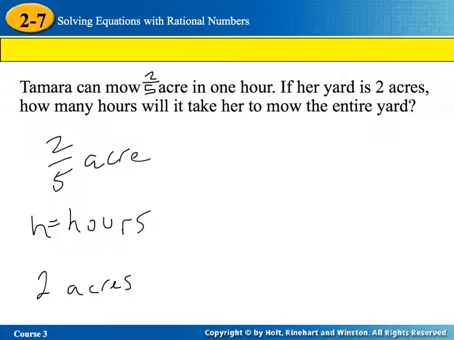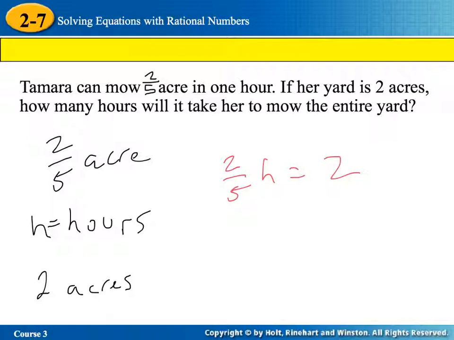We set up an equation. And the equation looks like this. 2/5 times h is equal to 2, because we don't know how many hours, and we're using h as hours. Okay?